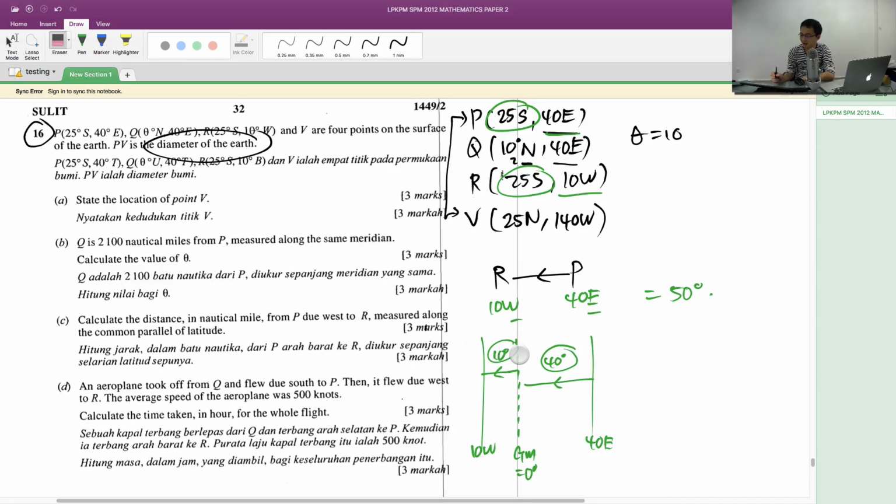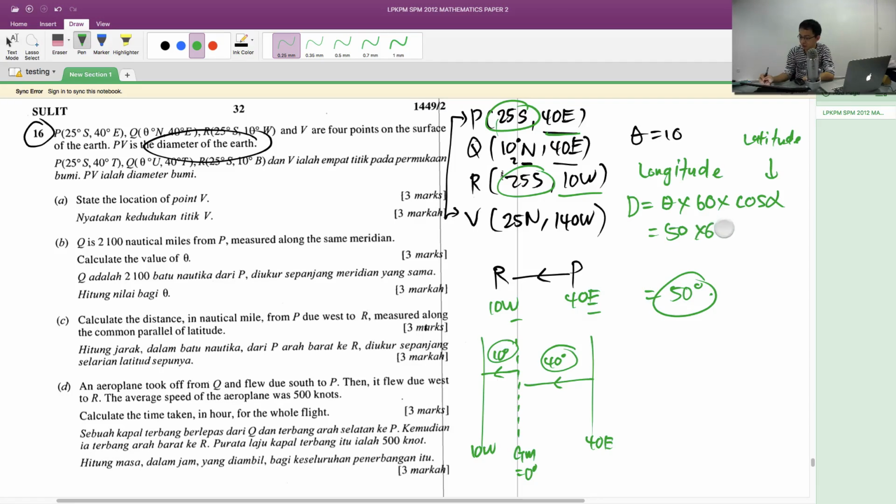But anyway, let me tell you the formula for distance for longitude. Just now we talked about distance in latitude, right? Distance in longitude is just angle multiplied by 60 multiplied by cos alpha. Alpha will be their latitude value, which they have in common. In this case, it's 25. You find out both of them have the same 25, right? That one is alpha. The angle we already have is 50.